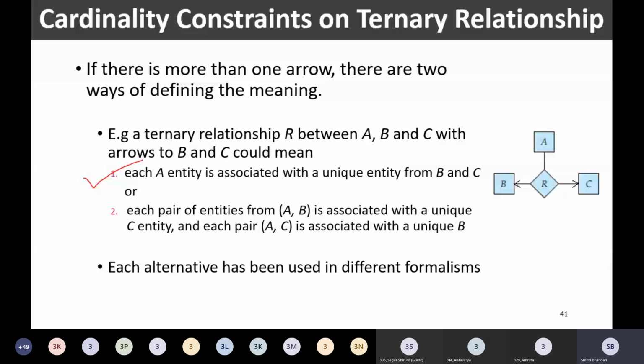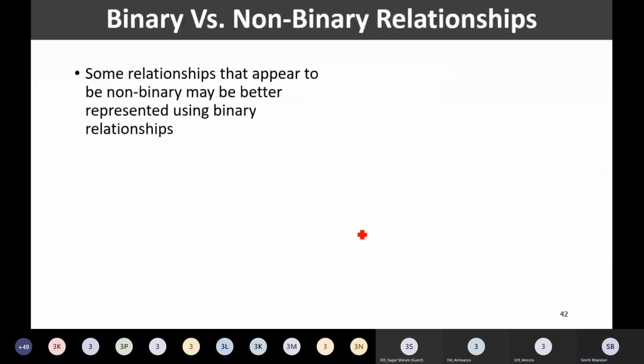Yes, ma'am. Fine. So let's proceed now with a difference between binary and non-binary relationships.